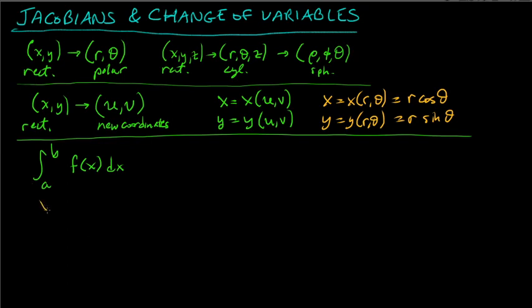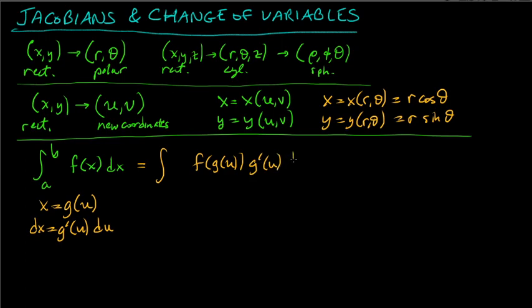But now suppose x is just some function of, let's say, u. So we can apply a change of coordinates here, and your dx is going to be g prime of u times du. So the definite integral now becomes the integral of f of g of u times g prime of u times du.